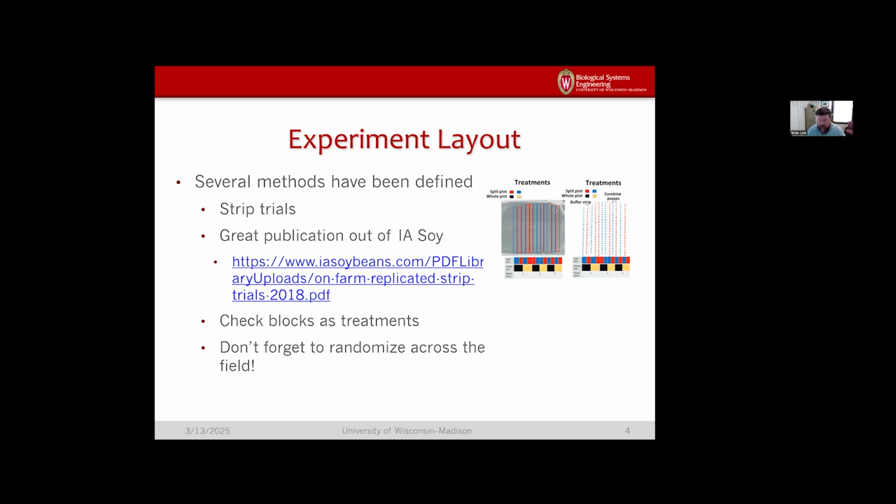One of the things I'm looking at here that's interesting to me is basically strip plots right next to one another. Each strip ends on one row and begins on the next one. Depending on space, that may be the way you have to do it, where your combine passes and treatments match up, one to the next.